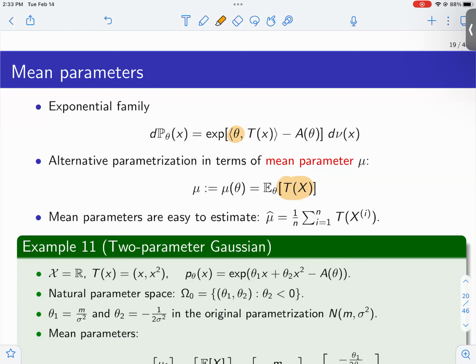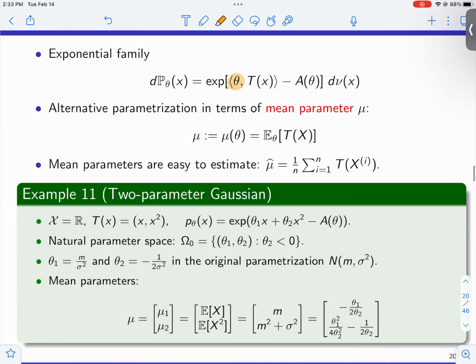Okay, so for example, if you look at the 2-parameter exponential family given by this with respect to Lebesgue measure on R, we know that this is a Gaussian, but that was the form that we got for the density. And let's say the original parameters of the Gaussian, I'm going to write as m and sigma squared. There was this relation which you can figure out by correspondence with the form of the usual density of the normal. But let's see what the mean parameters are. The mean parameters would be a 2-dimensional parameter because it would be the expectation of this.